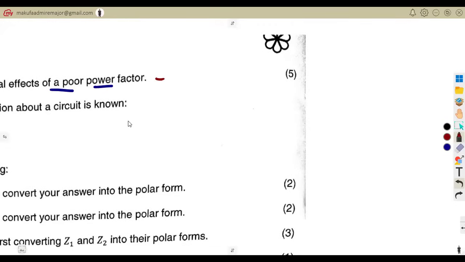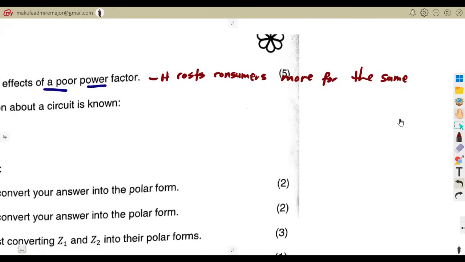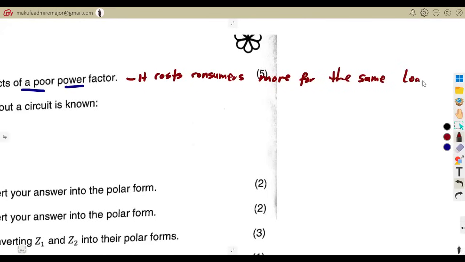It costs consumers more for the same load. The load that was supposed to be at a cheaper price, now it will be expensive for consumers if the power factor is poor.